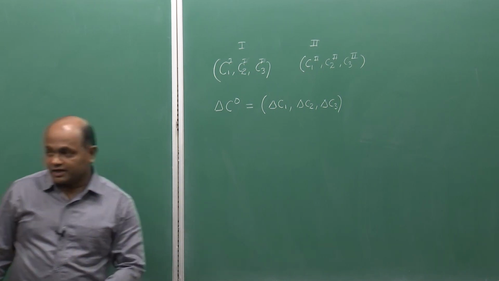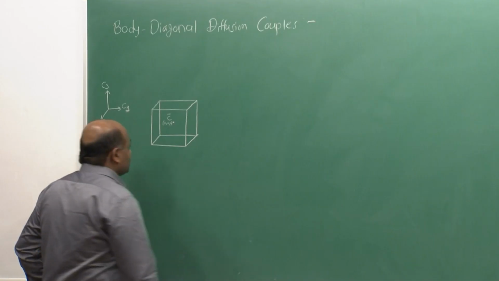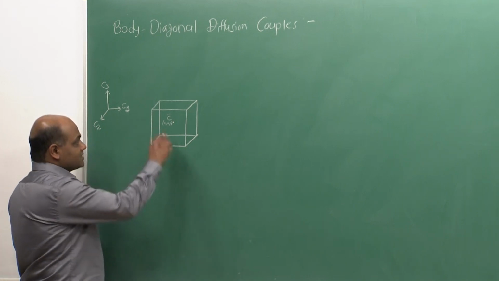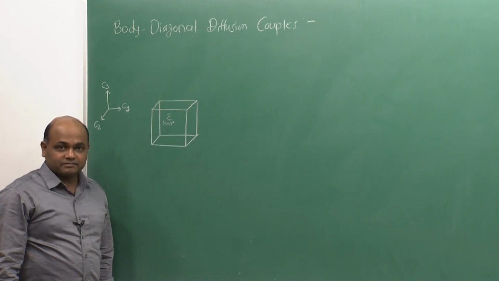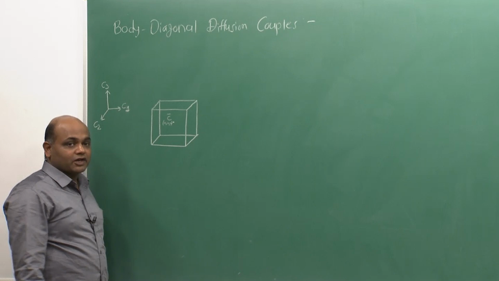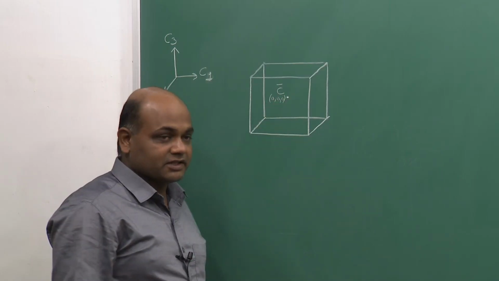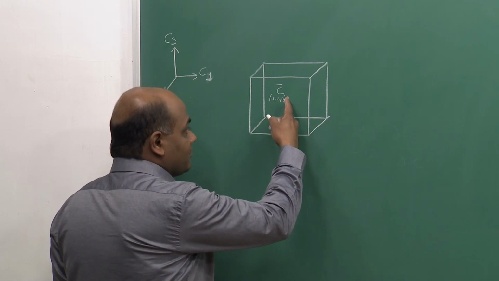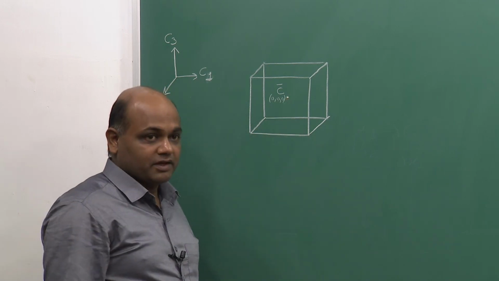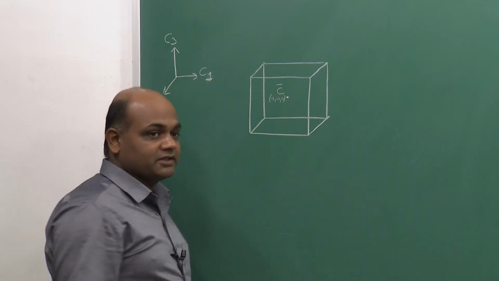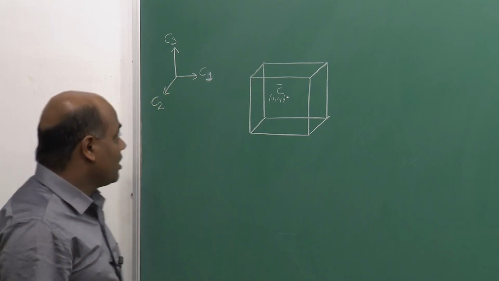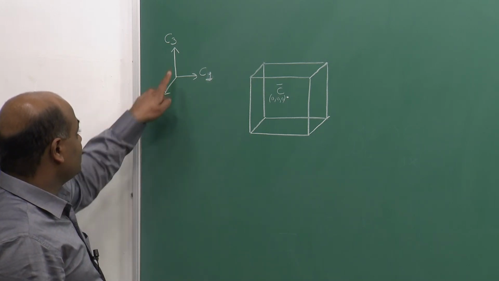Now, consider a composition C bar and imagine a cube around this composition C bar, such that C bar is at the body center of this cube, and this cube is drawn in a 3D composition space of C1, C2 and C3.